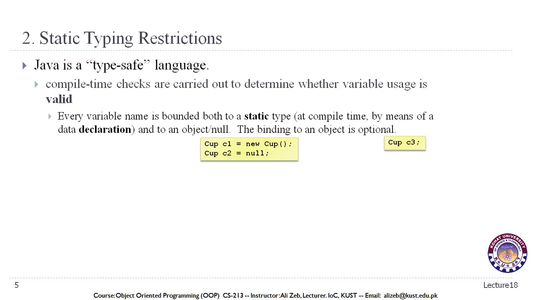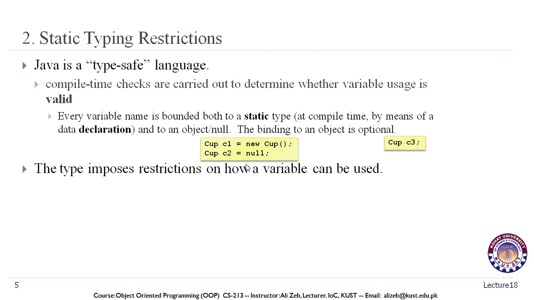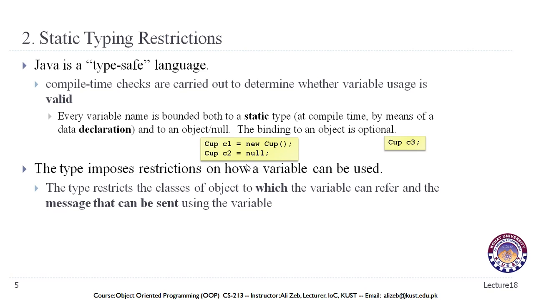And we can also initialize this object, that is optional, to maybe some class as a reference to a class or to a null value. But this is statically bound to the type of the object that we have declared. The type imposes restrictions on how a variable can be used. The type restricts the classes of object to which the variable can refer and the messages that can be sent using the variable.